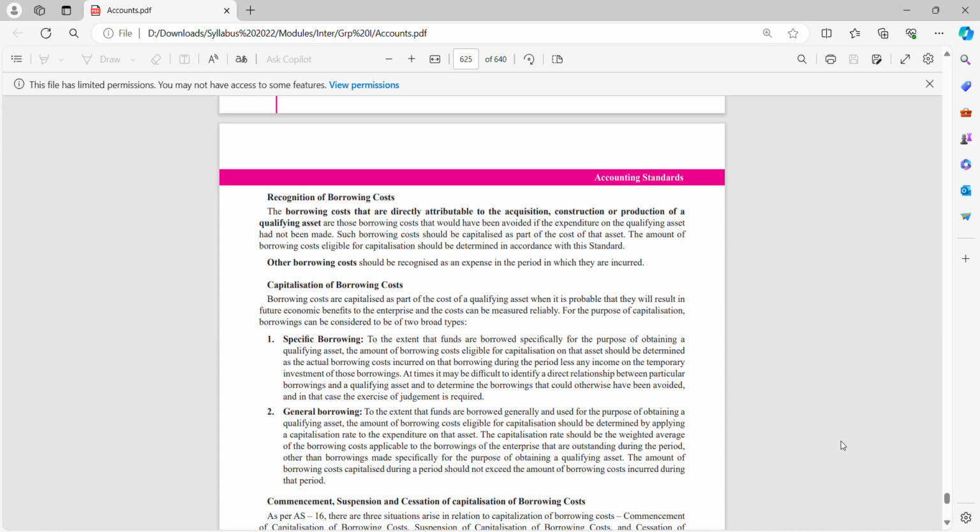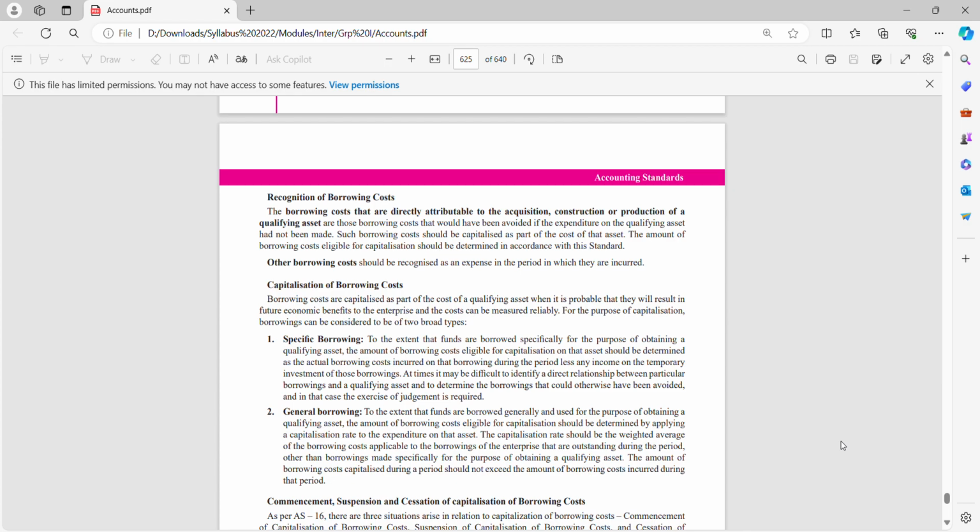So you have specific borrowings, you have general borrowings. Specific borrowings are specifically for that particular asset. General borrowings are general, the amount borrowed is general. I can use it for any purpose.